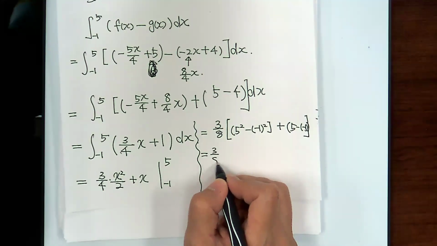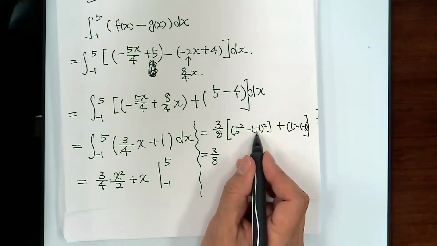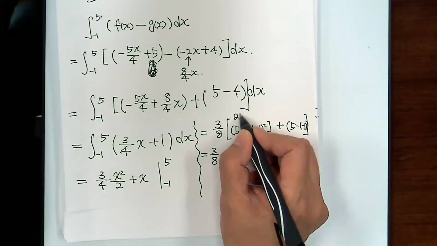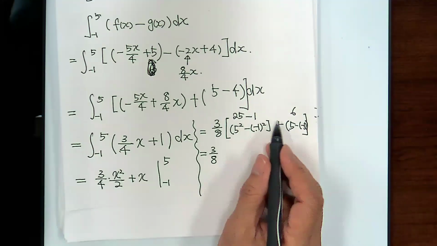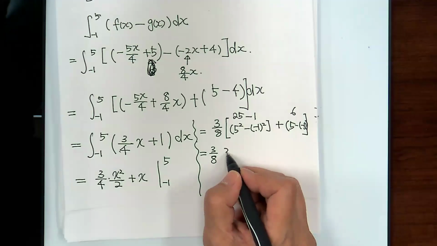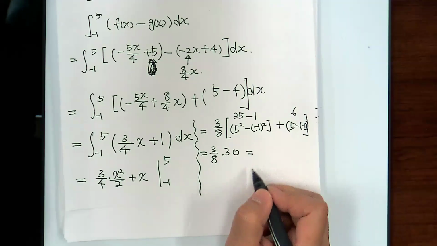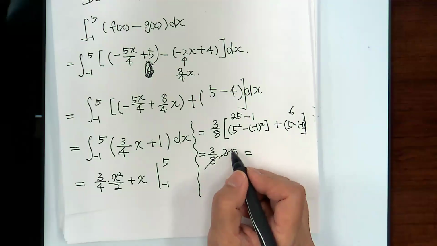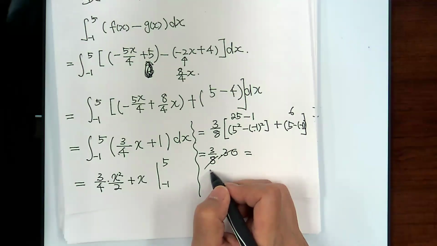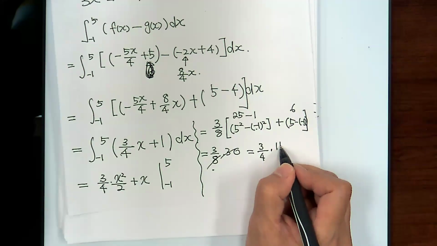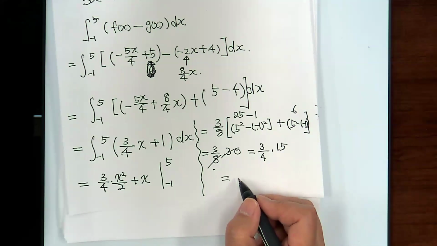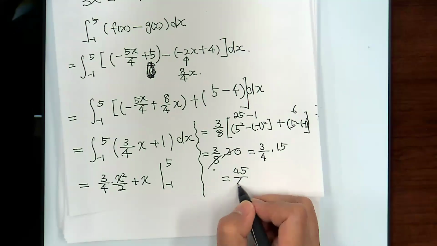What is this? This one is 25 minus 1, which is 24, and this one is 6. So 24 plus 6 is 30. So you can just calculate it: 3 over 4 times 15, which is 45 over 4.